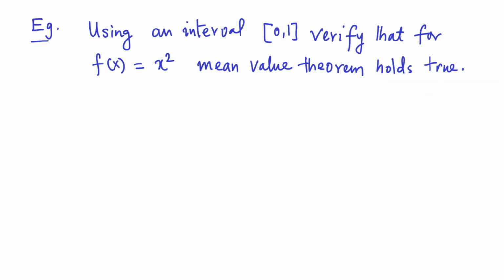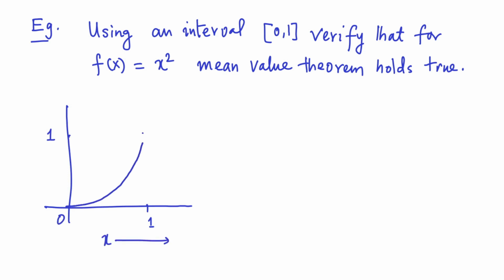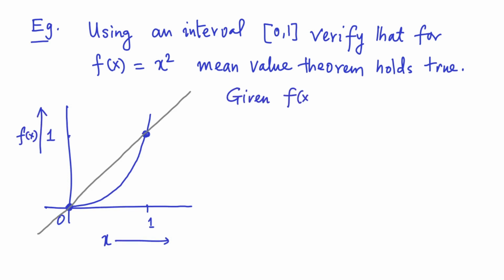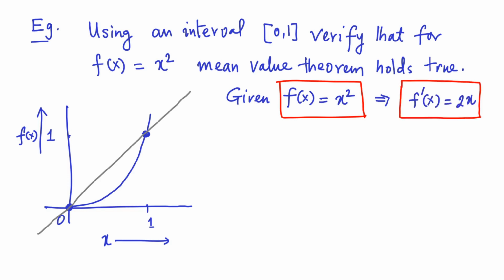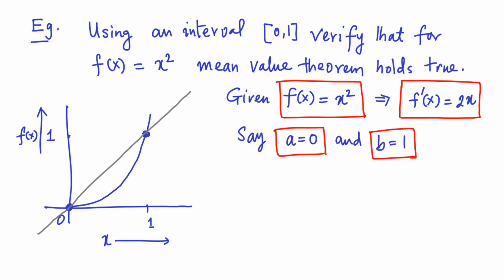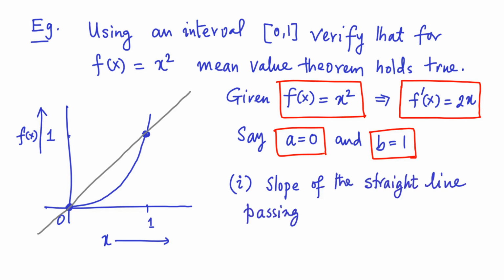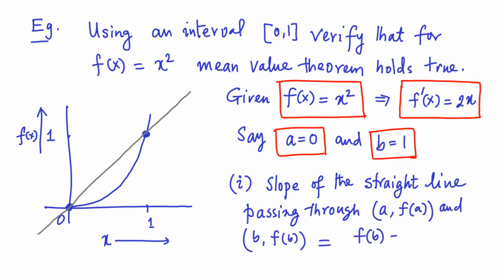Let us now consider an example where we verify the mean value theorem as you see it here. Firstly, the slope of the straight line that passes through these 2 points, as you see it here, is given by f of b minus f of a over b minus a, which is equal to 1.